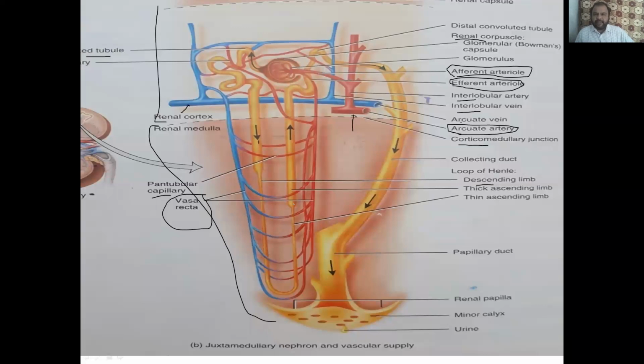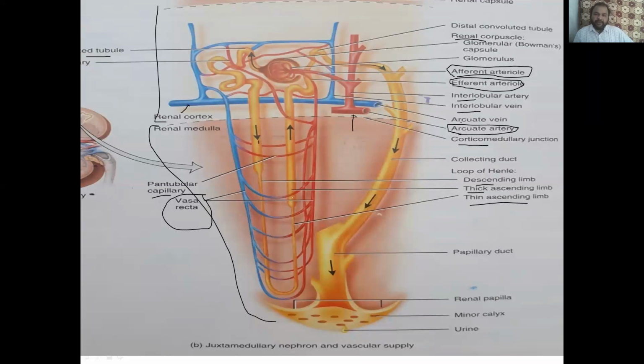If you notice, the ascending limb of loop of Henle has two parts: thin segment and thick segment, or thin ascending limb and thick ascending limb. This is the thin ascending limb. This is the thick ascending limb. It looks like the lumen of the thin ascending limb would be narrower and the thick ascending limb would be bigger, but that is not the fact.